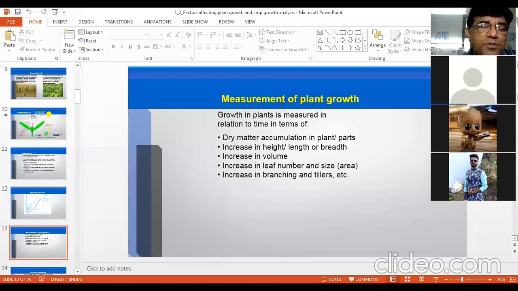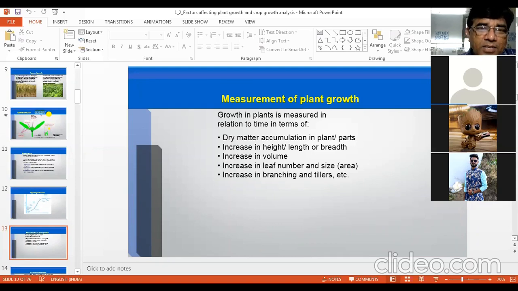Most of the time students go for dry matter accumulation in the plant: whole plant above-ground biomass or below-ground biomass. Or sometimes we take observations on dry matter with respect to a specific plant part, means accumulation in the stem, leaf, or in some other reproductive parts and so on.